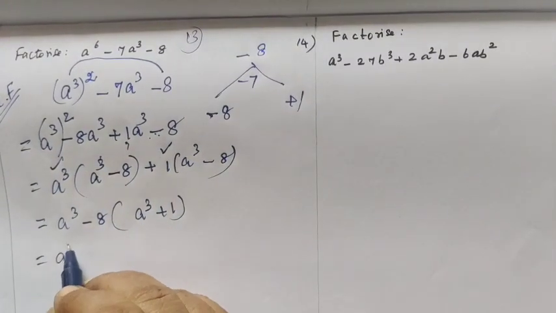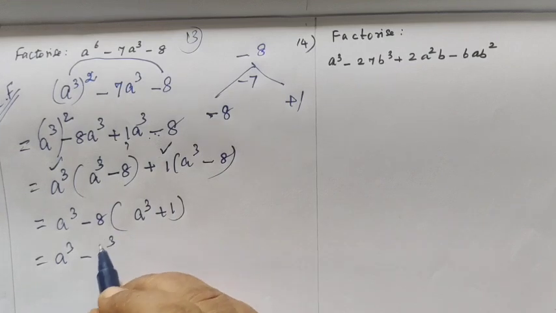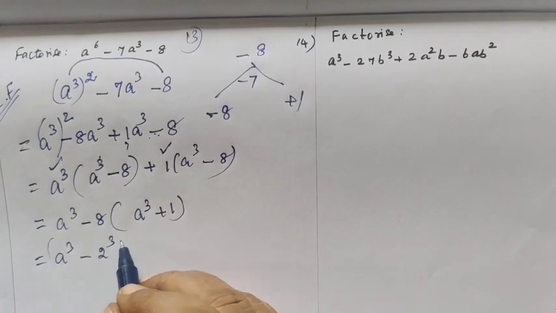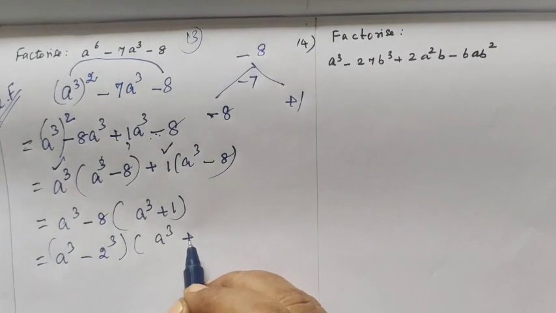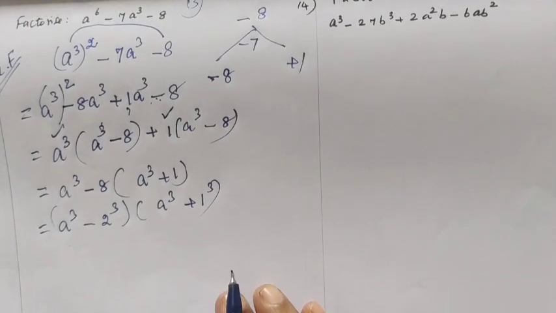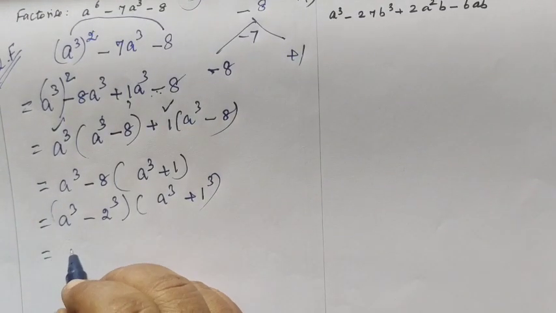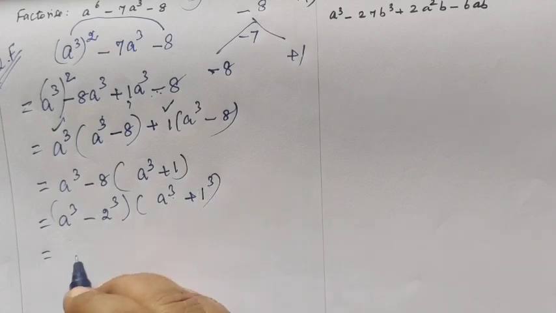And this can be written as a cube minus 2 cube, 2 into 2 into 2 is 8, then a cube plus 1 cube. Further we apply the identities a cube minus b cube and a cube plus b cube.